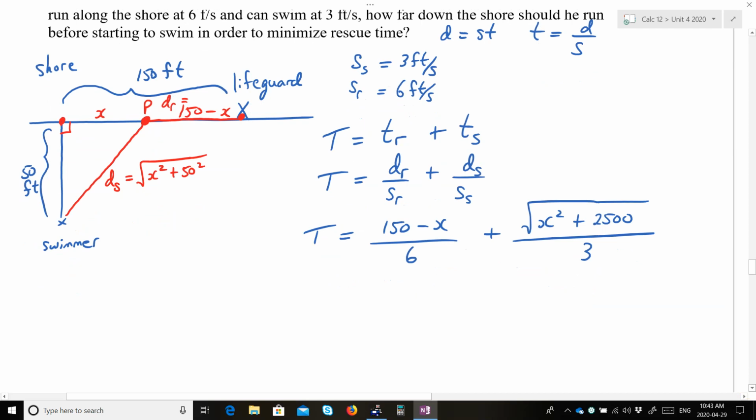Okay, and our interval, x has to be greater than or equal to 0, less than or equal to 150. There's our interval, those are our endpoints, and let's go and find the critical points.